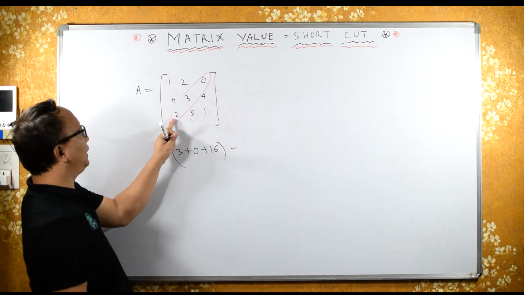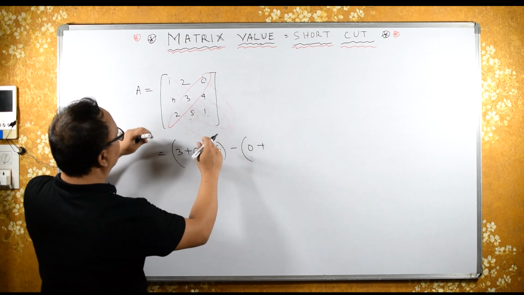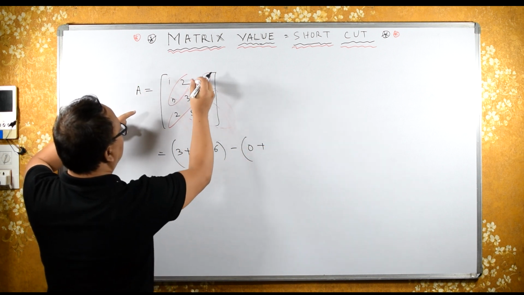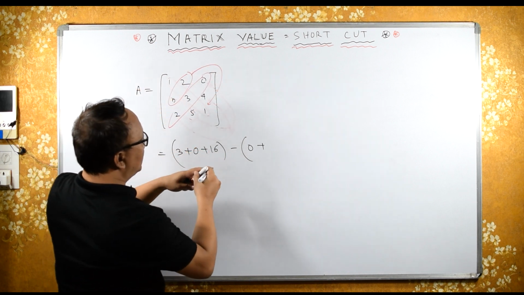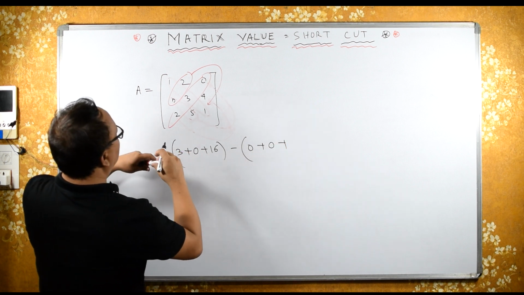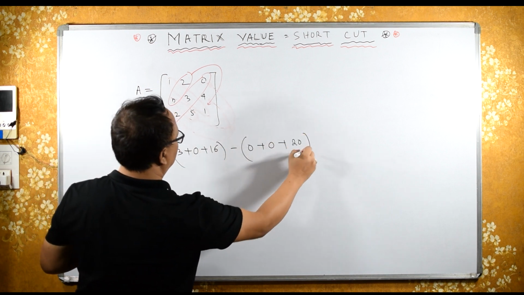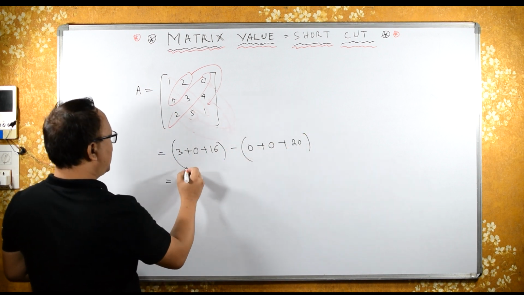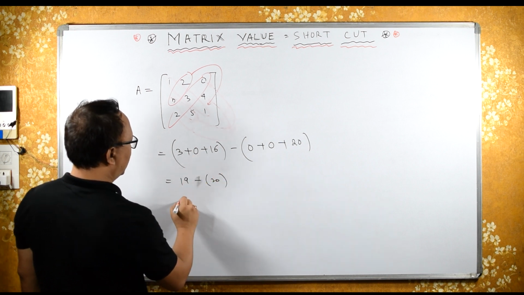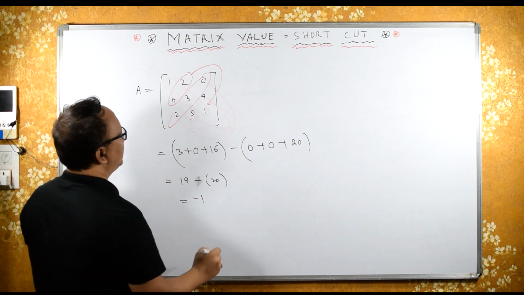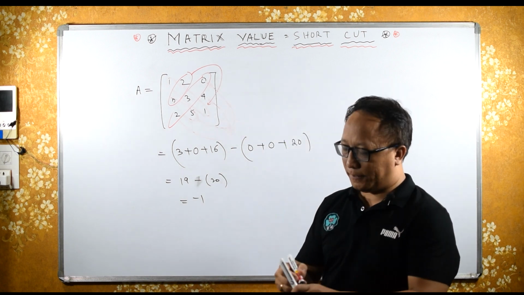Here 3 into 2 into 0 is 0, plus this into 1, 0 into 2 into 0 is 0, plus remaining, 5 into 4 into 1 is 20. Therefore 16 plus 3 is 19, plus 20, minus 1. This is the difference. This is how we find the value of the matrix.